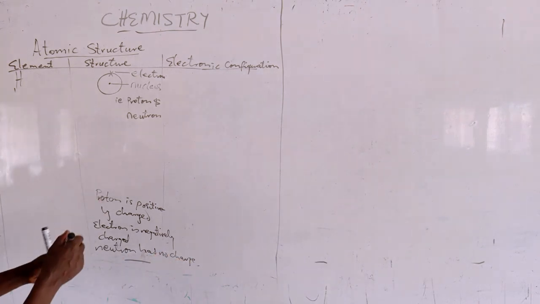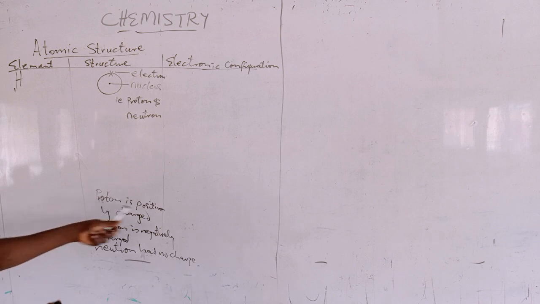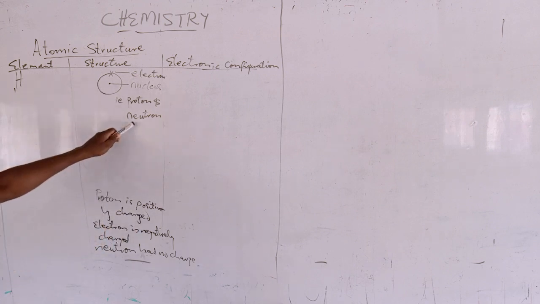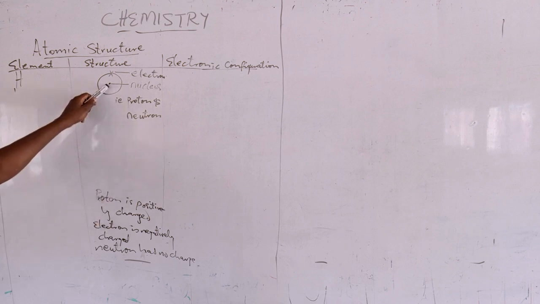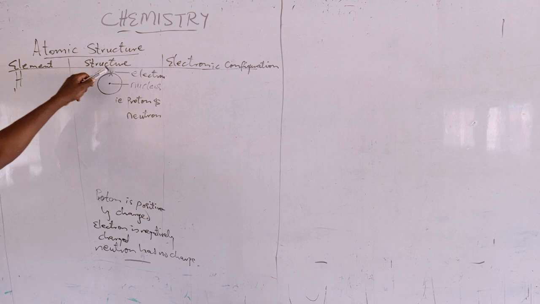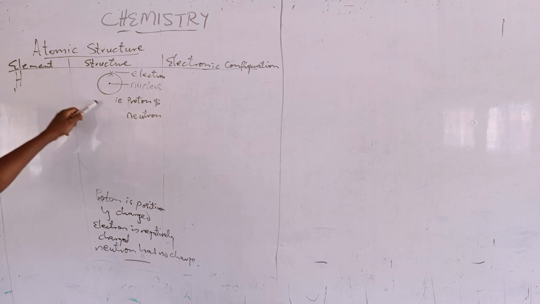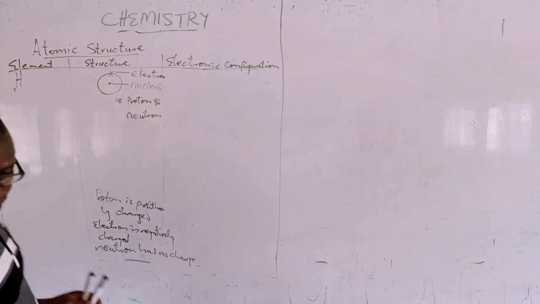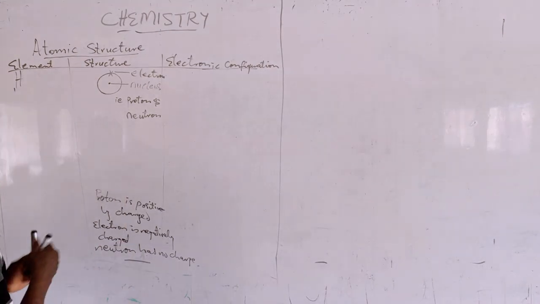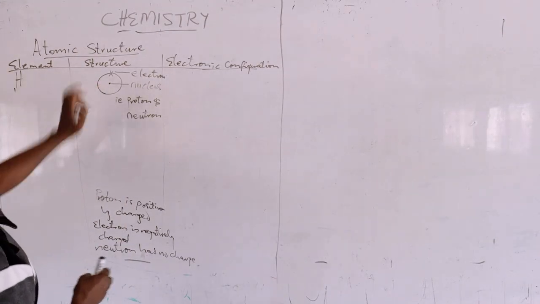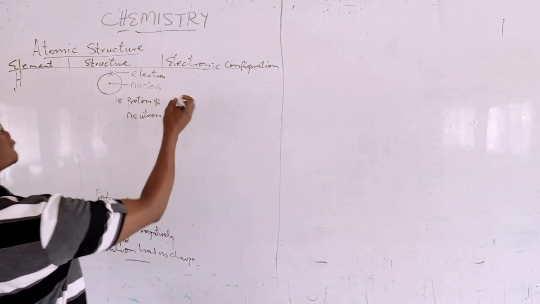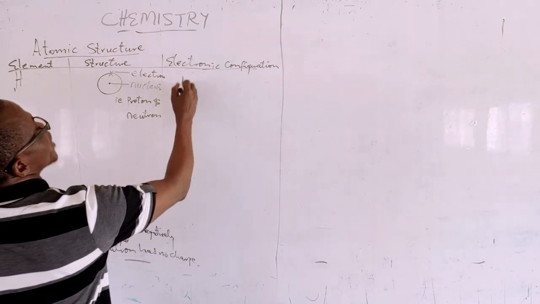So note this. Proton is positively charged in the nucleus, while neutron has no charge. Electron is negatively charged and it is found on the orbit. So note that. If that has been established, this atom now has one electron. So in the electronic configuration, you have one.